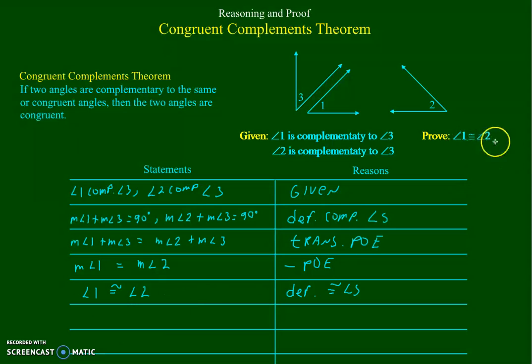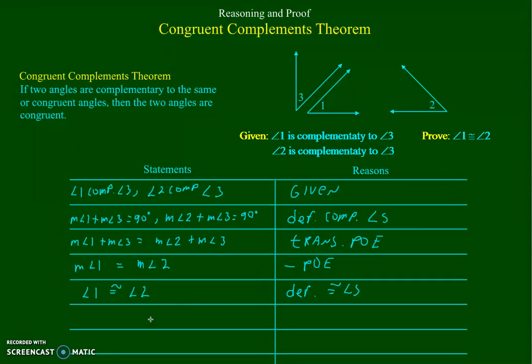But because I knew I had to go there, when I wrote this statement, I wanted to write angle 1 on the left and angle 2 on the right so that I would end up having the same orientation at the final result. If you forget to do that, that's no problem. Again, just remembering that you have the symmetric property and you can go ahead and swap those two.